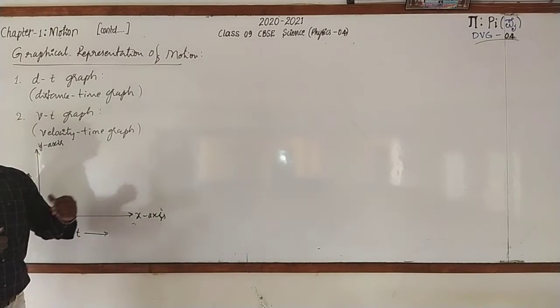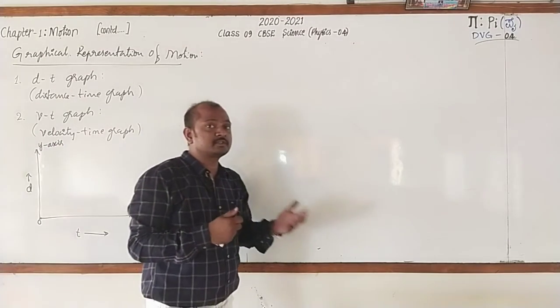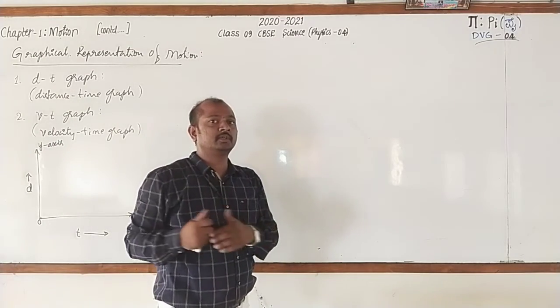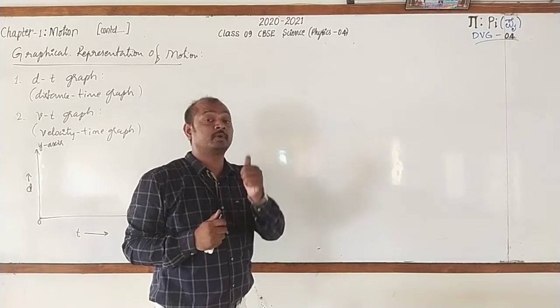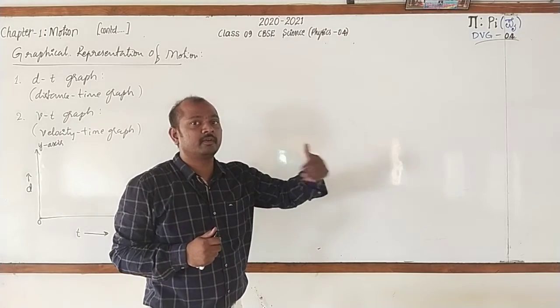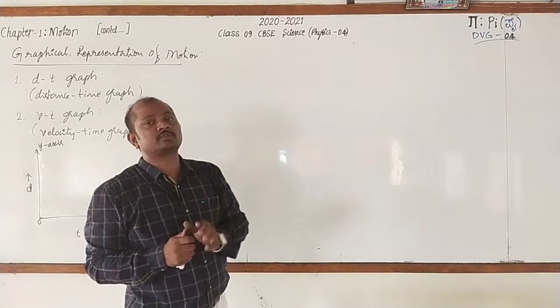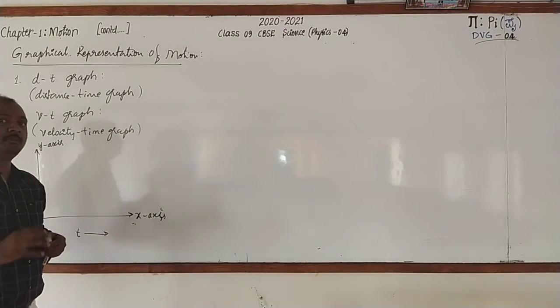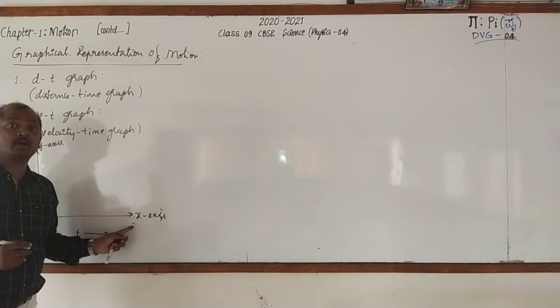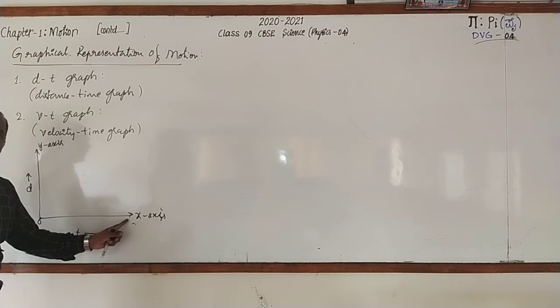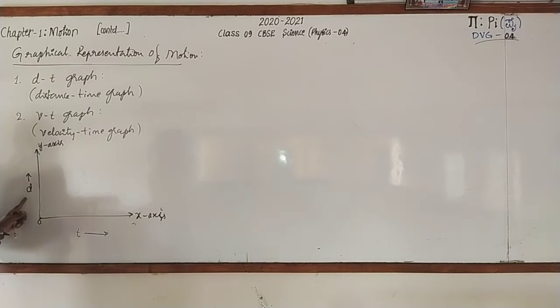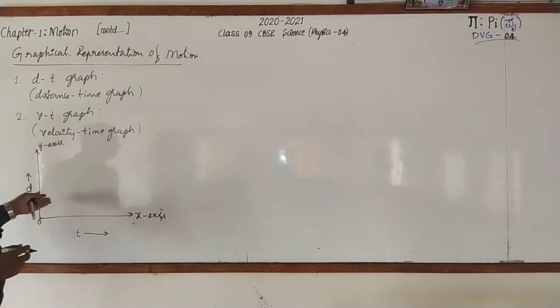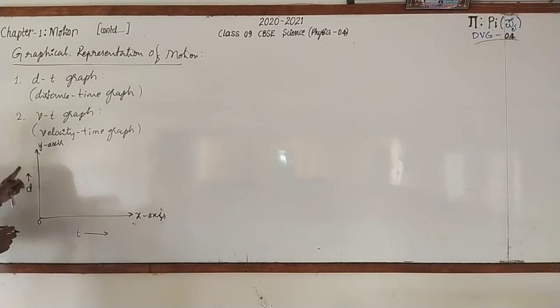Suppose I start walking, then I may stop. When I stop, the distance will also be stopped. But what about the time? Time will be running. Hence, time is to be considered as the independent quantity, and this should always be taken along x-axis, and d is the variable quantity, hence it is to be taken along y-axis.